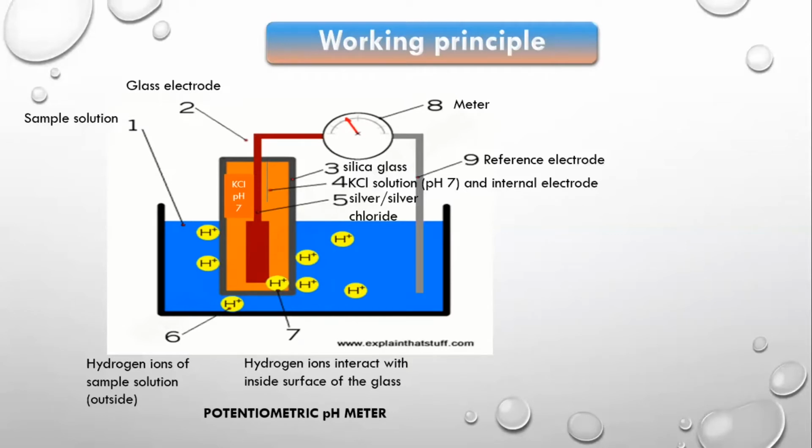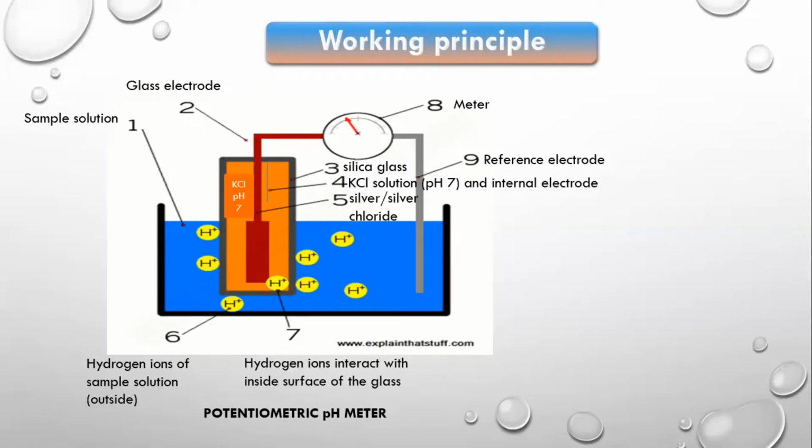When these electrodes are immersed into the blue test solution, some of the hydrogen ions move toward the outer surface of the glass electrode and replace some of the metal ions inside it, while some of the metal ions move from the glass electrode into the blue solution.